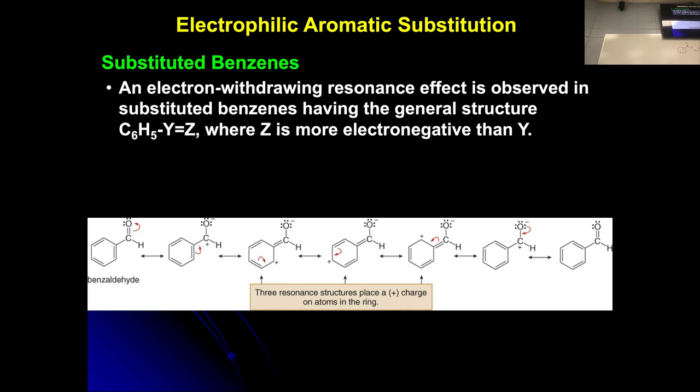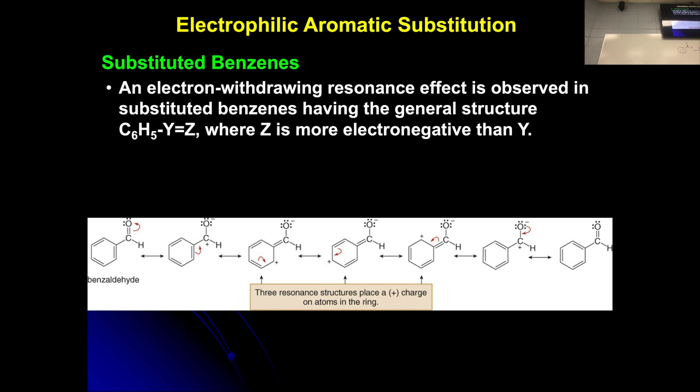So you have to look at the group that is attached to the aromatic ring and determine whether or not it's an activator or a deactivator. For your purposes in this class, look at the atom that's attached to the aromatic ring. If it has lone pairs of electrons, it's an activator.